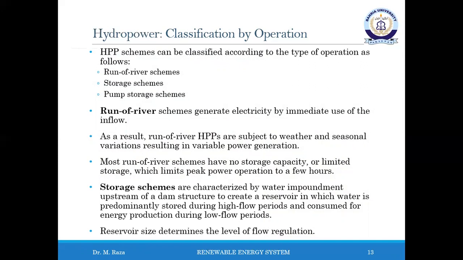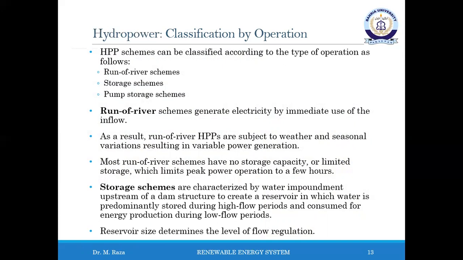As a result, run of river hydropower plants are subject to weather and seasonal variation, resulting in variable power generation. Most run of river schemes have no storage capacity or limited storage, which limits peak power operation to a few hours.